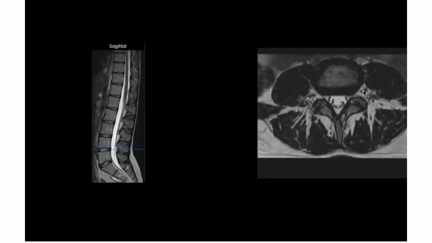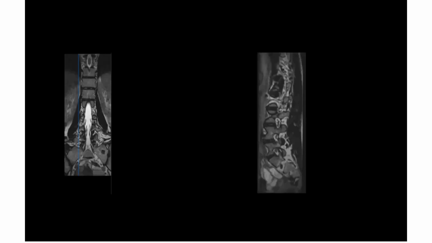So before performing this endoscopic discectomy, we have to see these sections, whether we have a space or not. Understood now? Why it is important to see all these sections? Now this is a sagittal section.